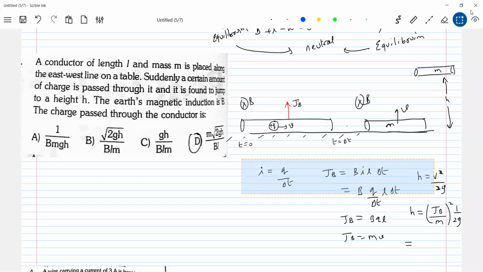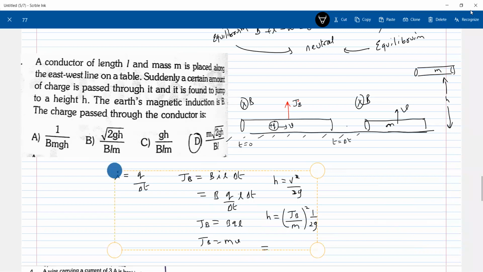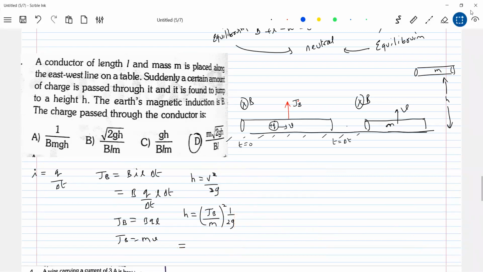Let me write in this corner. Now let me substitute all the values. JB by M will be only V, so V square by 2G is H.